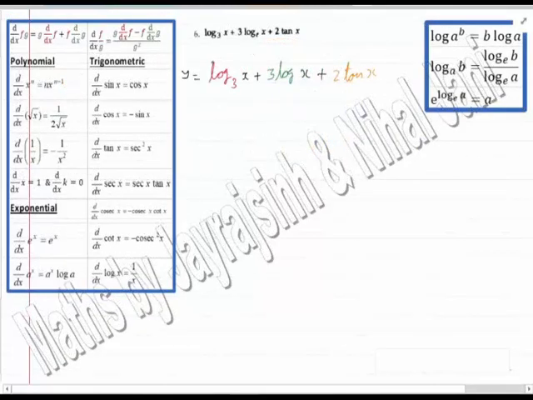Another log based question, and question number 6, our first term is log x base 3. Basically the differentiation of log x base e is 1 by x. We don't have any formula for the differentiation of log x base 3 or 4 or something like that.